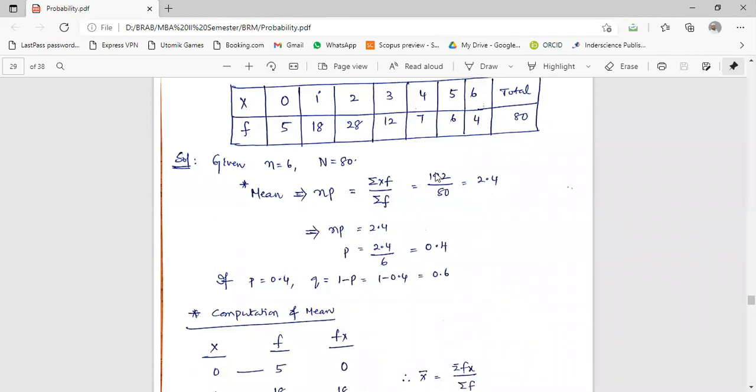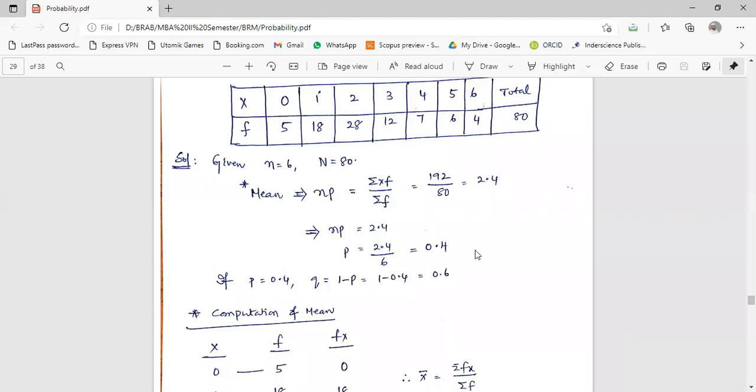According to the binomial distribution theorem, the mean of a binomial distribution is equal to np. According to the problem, we have got 2.4. So np is equal to 2.4. Now p is equal to 2.4 divided by 6, since you know the n value. So what did you get? 0.4.